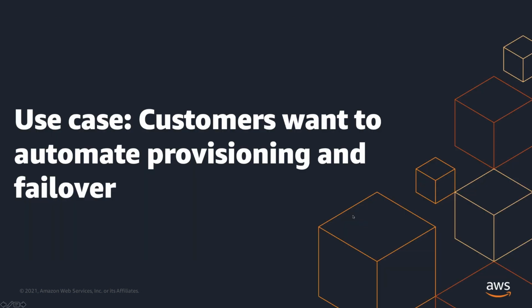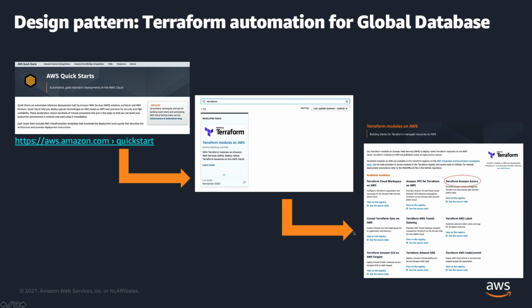Finally, our last use case is for customers who want to automate provisioning and failover for their Aurora global databases. Another common challenge shared by our customers is that provisioning and managing a multi-region infrastructure by hand is often time-consuming, error-prone, and can lead to unintended consequences upon switching your primary region.